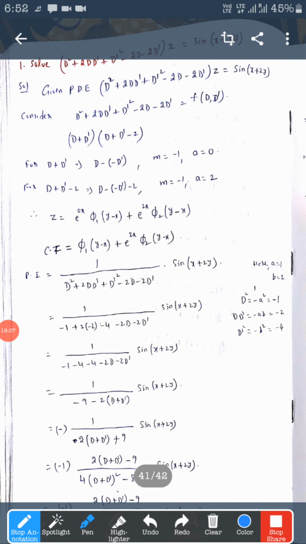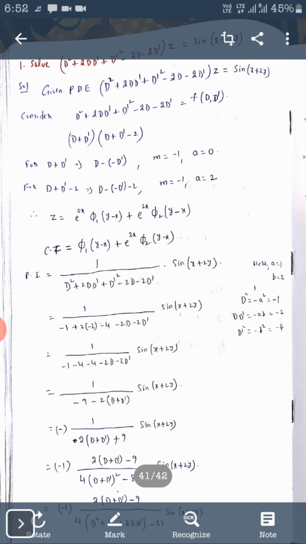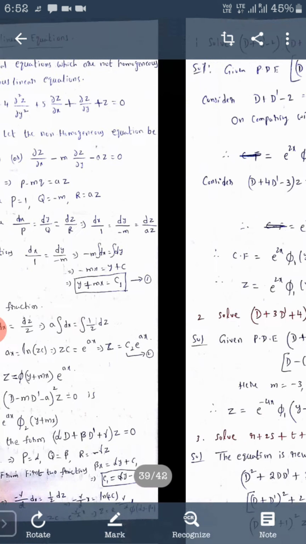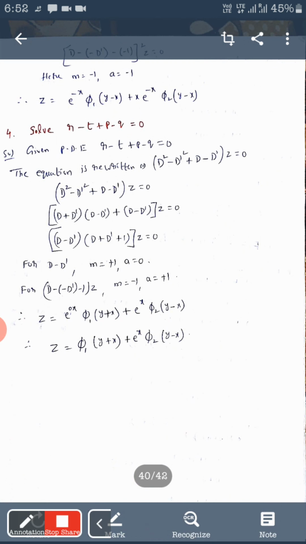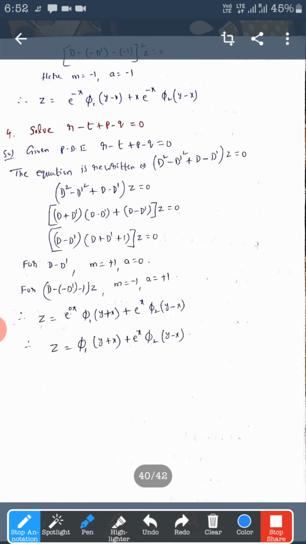Based on this, we will solve; you may solve some more examples from the textbook. You have to remember, whenever you see P, the most important thing is that P is dou z by dou x, and Q is equal to dou z by dou y.